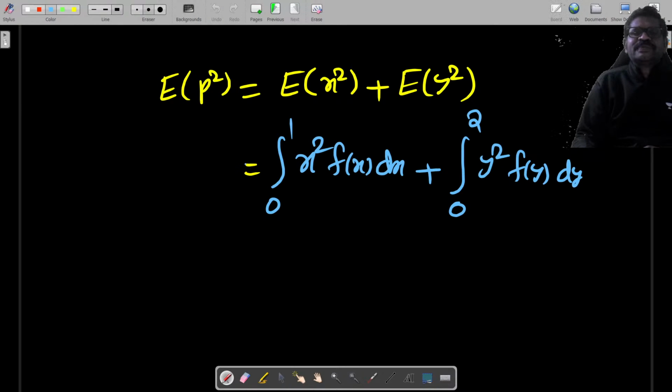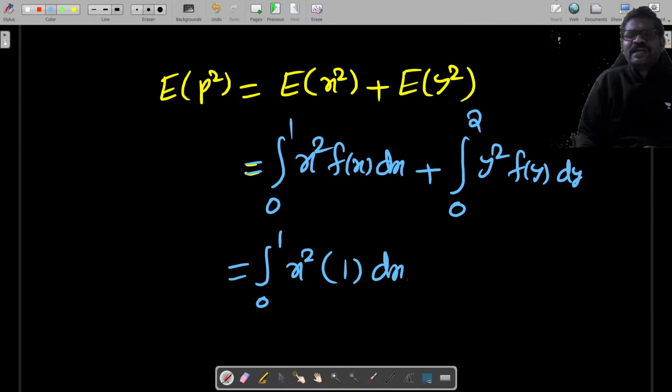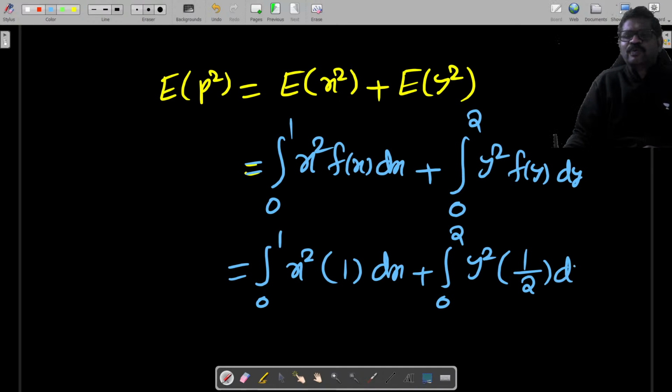Continuation, that is integral 0 to 1 x square into 1 dx, integral 0 to 2 y square into f of y is 1 by 2, so 1 by 2 dy.